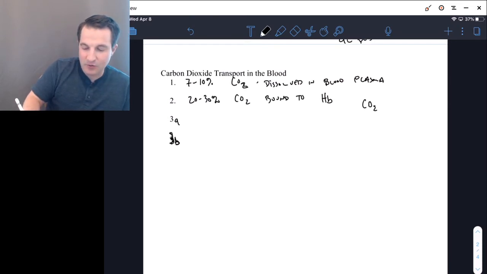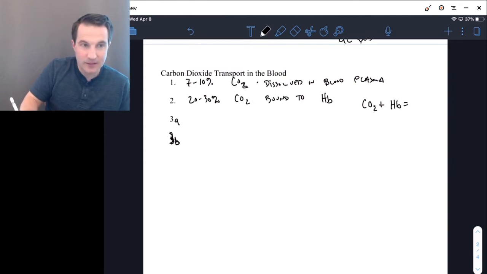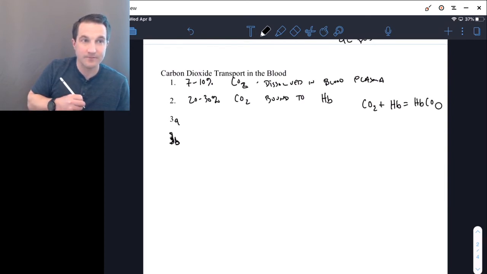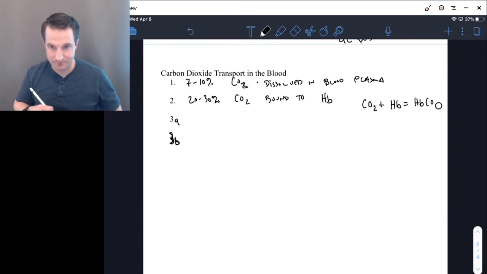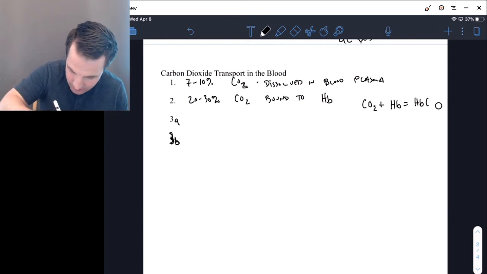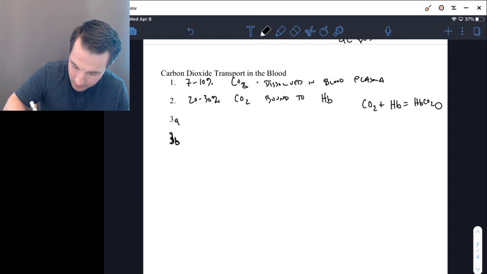And a lot of times you'll see the equation carbon dioxide plus hemoglobin equals HbCO2, okay? And that's carboxyhemoglobin.